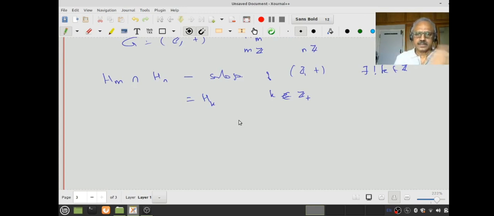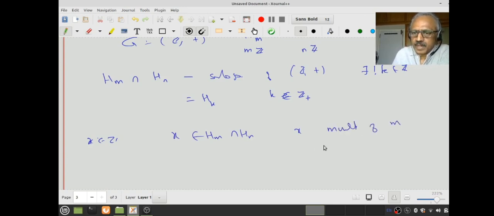Now let's try to understand what it really means. Suppose I have an x in Z that belongs to Hm intersection Hn. What does that mean? That means x is a multiple of m, and similarly for the same reason it's a multiple of n. You understand? Right. Now just think again carefully.